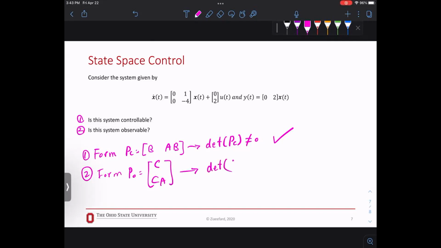If you find the determinant, PO is going to be 0, so this is not observable. So this system is controllable, but not observable. The only thing that will change, maybe I'll give you a transfer function and ask you to find the state space and then go from there. All right, so I will post an annotated version of all of these.